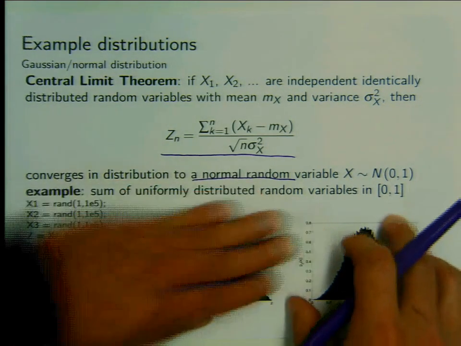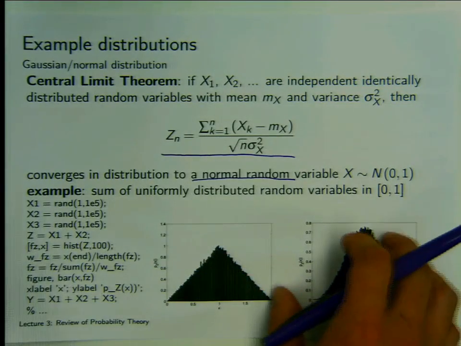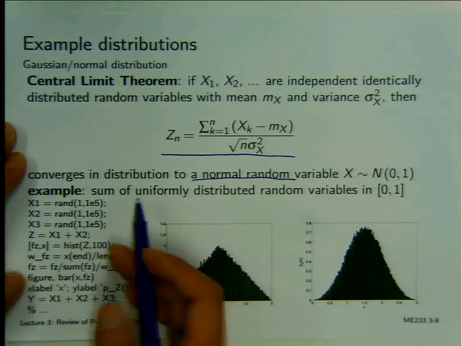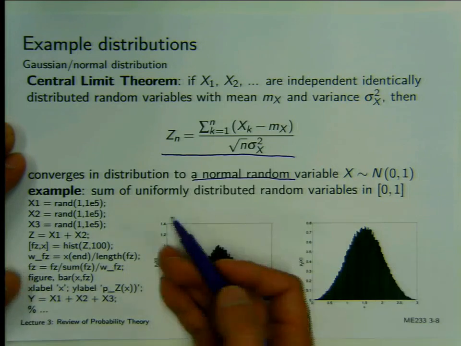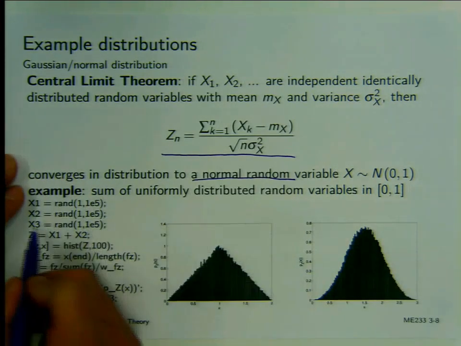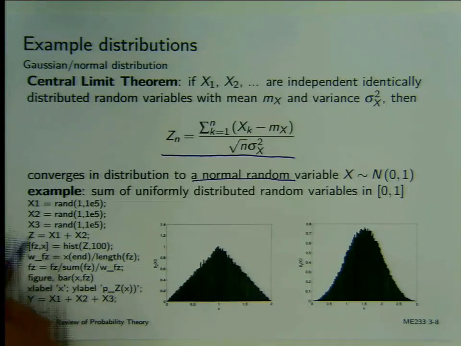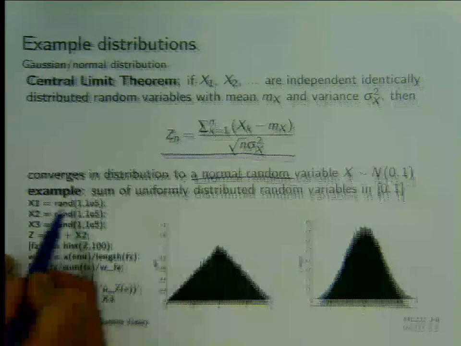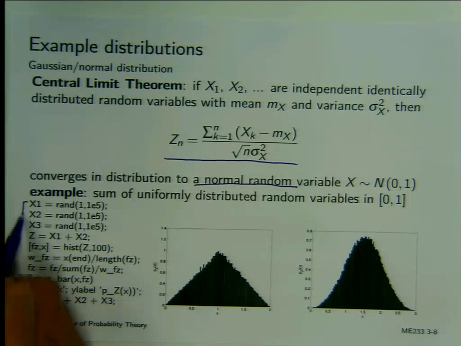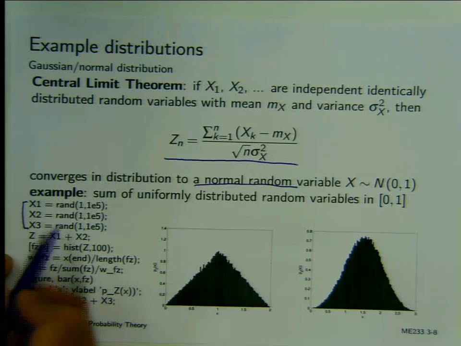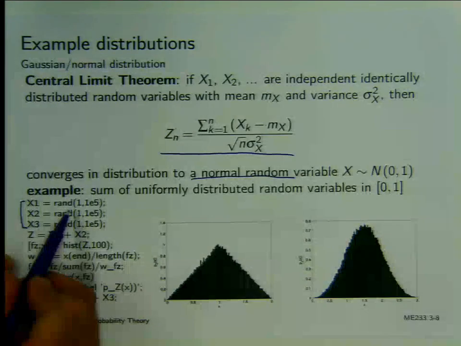Okay? So as an example, let's take a look at this case. You can see the MATLAB commands here. I have first generated 3 uniformly distributed random variables using rand. This is the command in MATLAB.